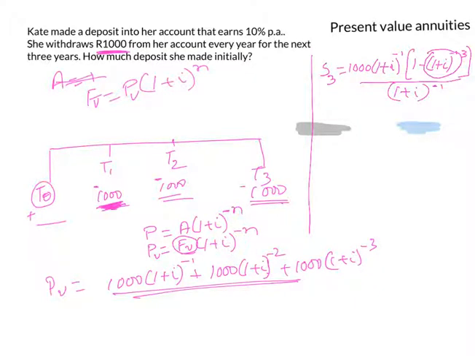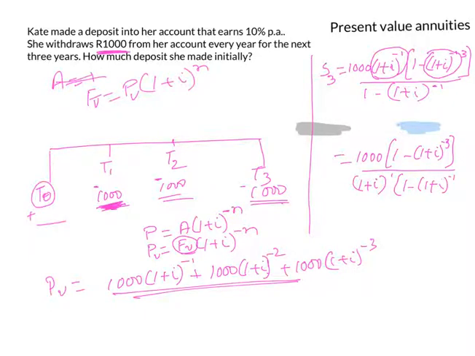This is going to be my 1000, right? So it is 1 minus (1 + i) to the power of negative 3, divided by, using the properties of the exponents, I write the denominator with a positive exponent, (1 + i) to the power of negative 1.